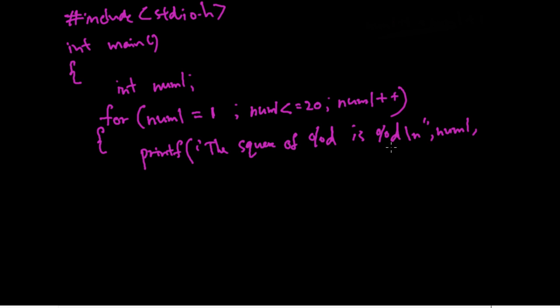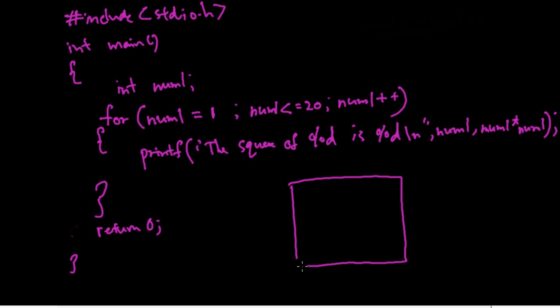The second variable will be num1 times num1. Return 0 and this.